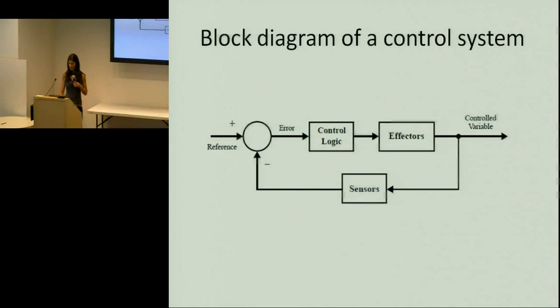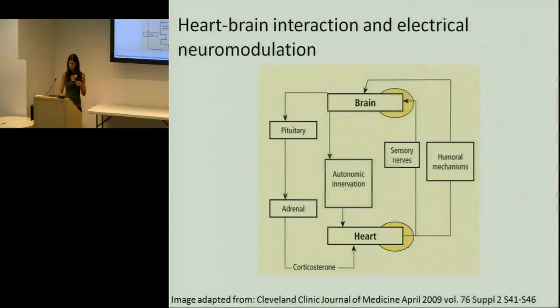Okay, and so the main feedback loops to accomplish this in the body are, not surprisingly, between the brain and the heart, and also the vascular bed. And so there's a feedback loop that involves sensory nerves as well as autonomic innervation from the central nervous system that together accomplish control over the heart rate and vascular tone.